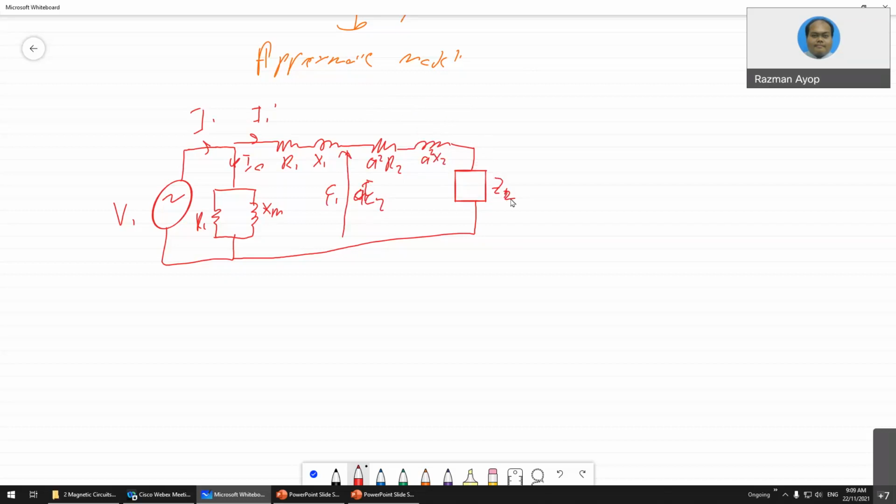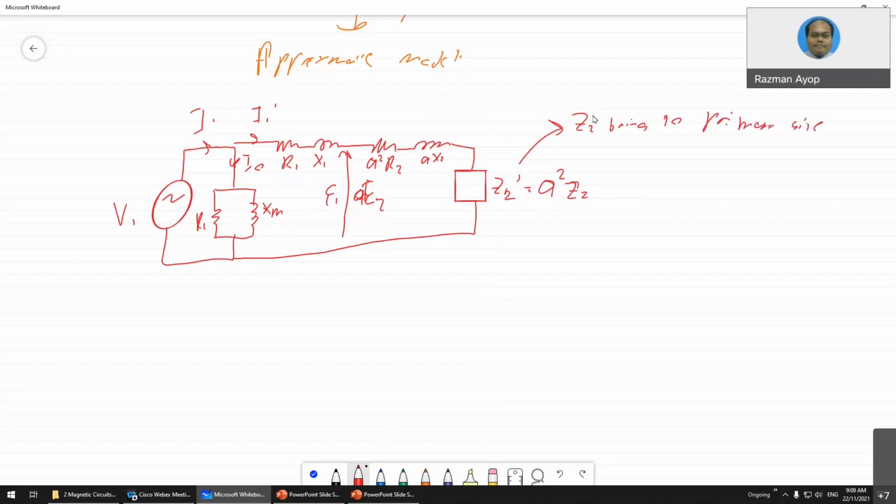Z2 is no longer Z2, it's Z2 bar, where Z2 bar equals A squared Z2. Z2 bar means that you bring it to the other side. So Z2 bar is just Z2 brought to the primary side.